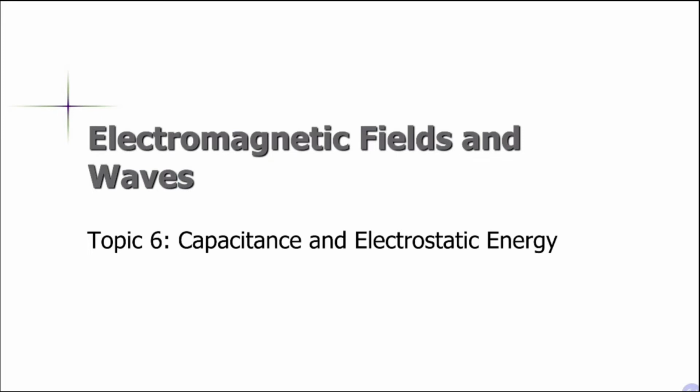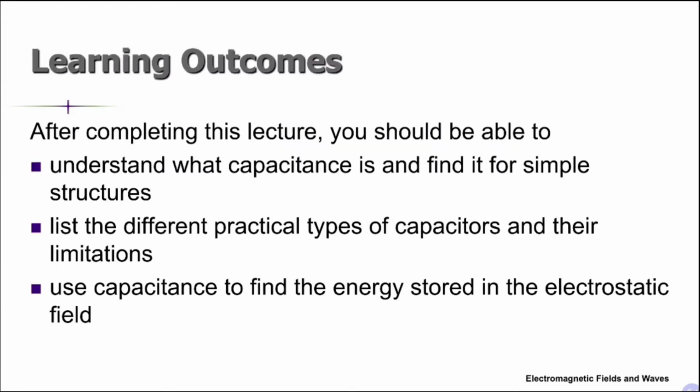Topic number 6 on capacitance and electrostatic energy. The learning outcome from this topic: what you expect to know at the end of this is that you should be able to understand what capacitance is and find it for simple structures.